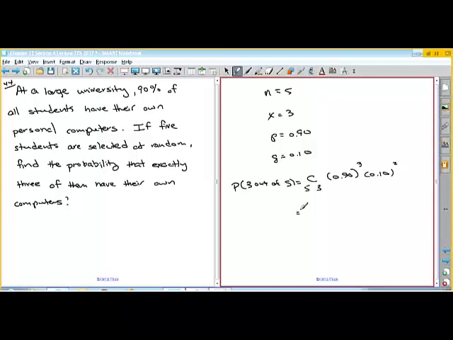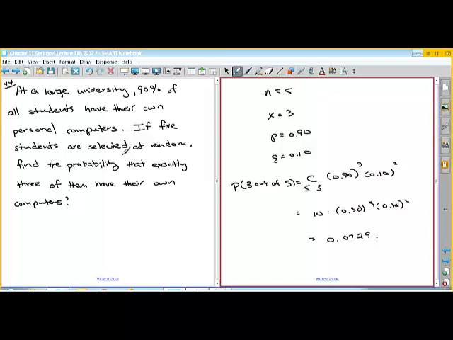What is it? 5 choose 3. I think it's 10, if I remember correctly. So you take 10 times 0.9 cubed times 0.1 squared, and I get 0.0729.